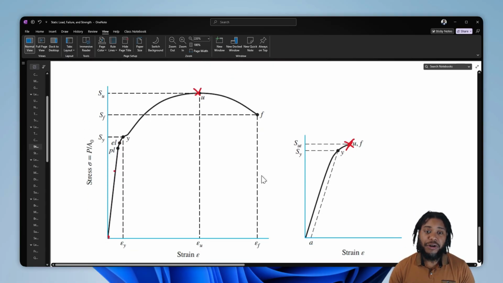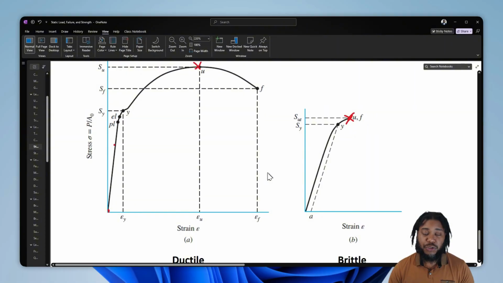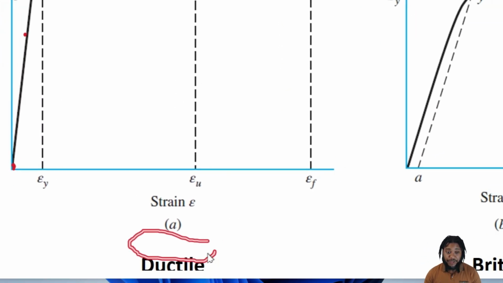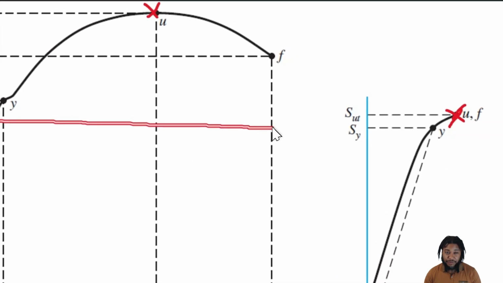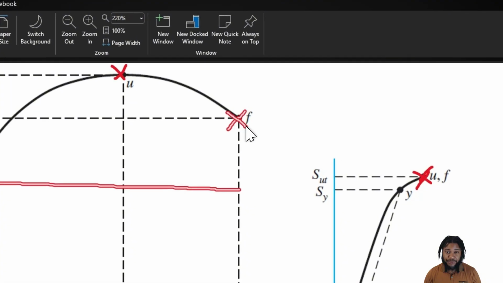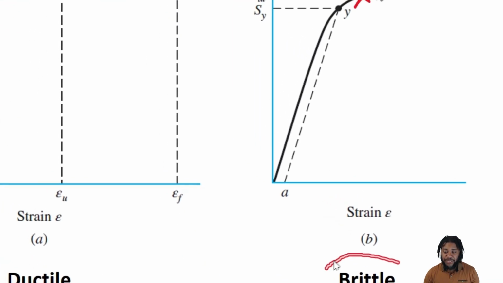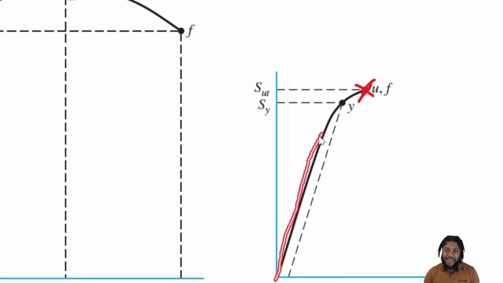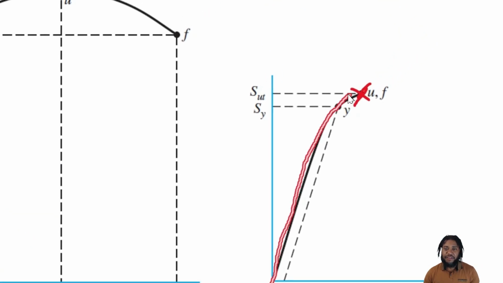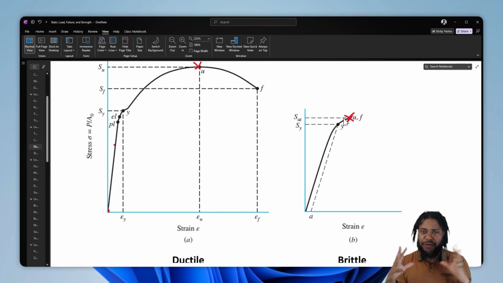Now, depending on our material, there are two types of behaviors that we see. We can see ductile failure, where there's a lot of plastic deformation before our part fails. And then there are materials that have brittle behavior, where they are primarily elastic and then they fracture very sharply and unexpectedly.